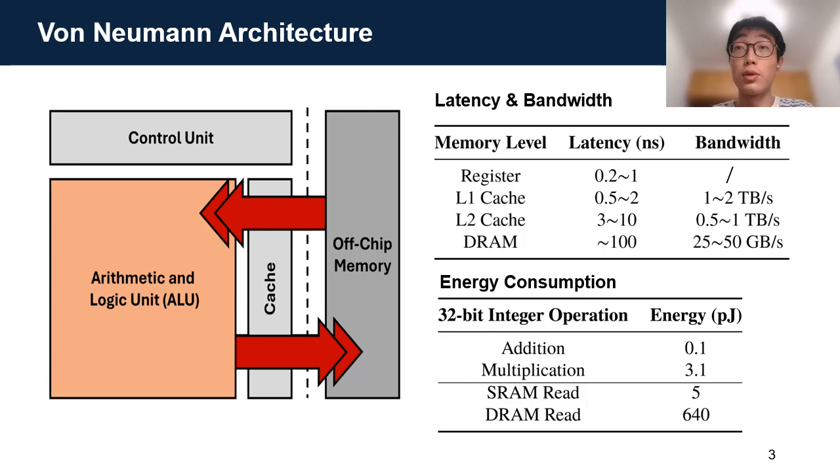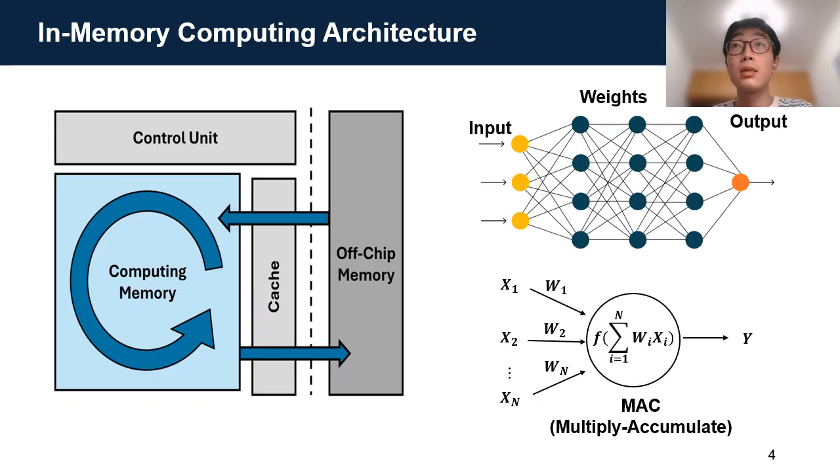Now, we are introducing in-memory computing architecture. In the in-memory computing architecture, there is on-chip memory that stores the data and performs major computing workload. The architecture is highly suitable for neural network applications, which involve lots of multiply and accumulate operations, or MAC operations.